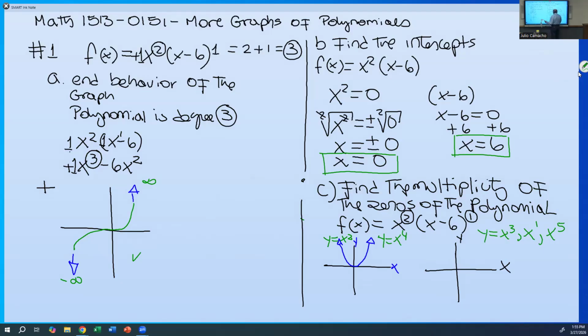Those are even functions and odd functions. And we know that the graph of all odd functions will be reflected over the origin, 0, 0. That is the origin, the 0, 0.